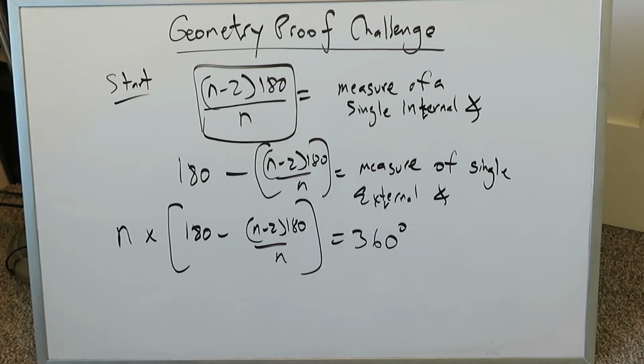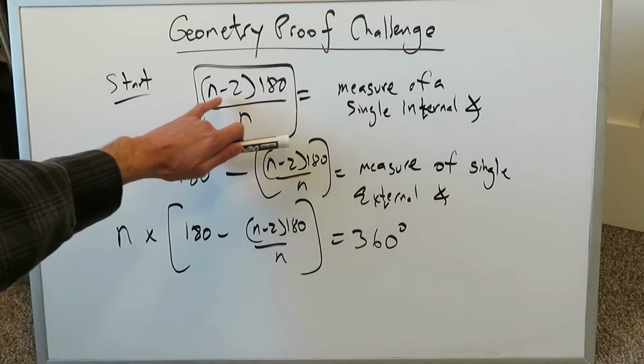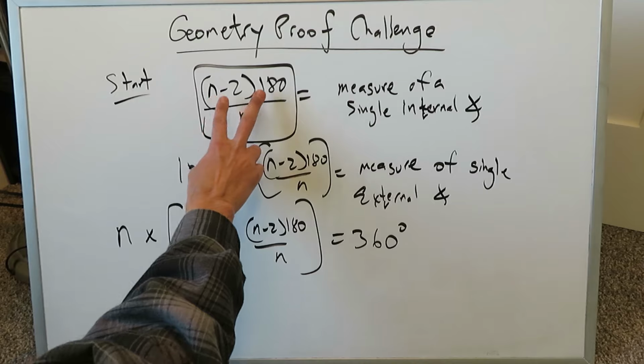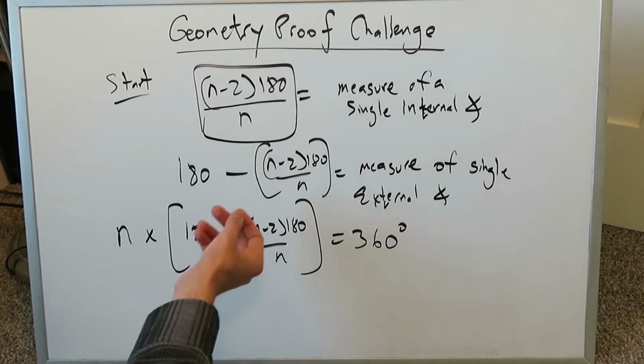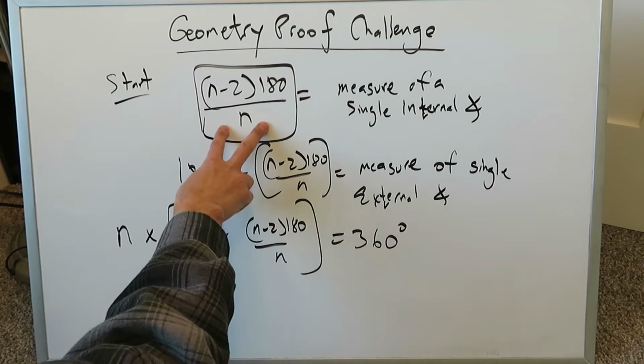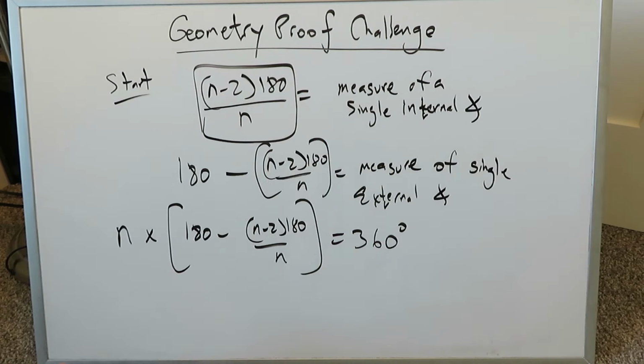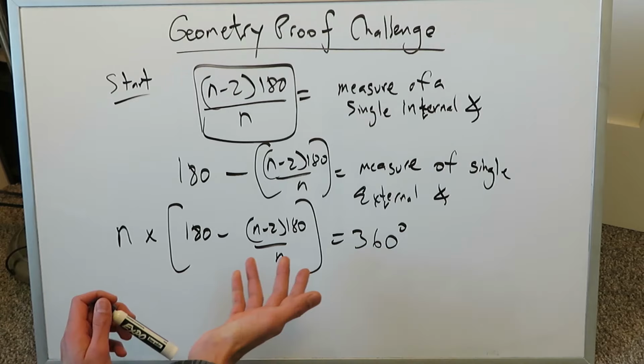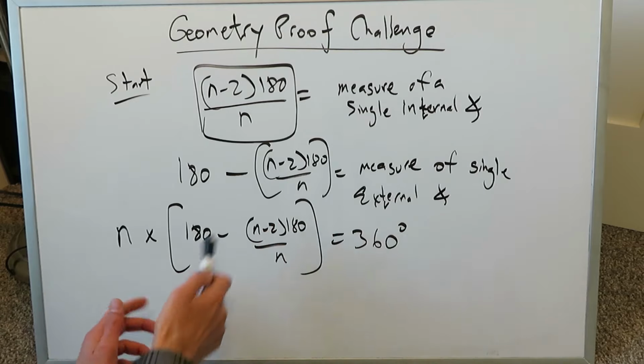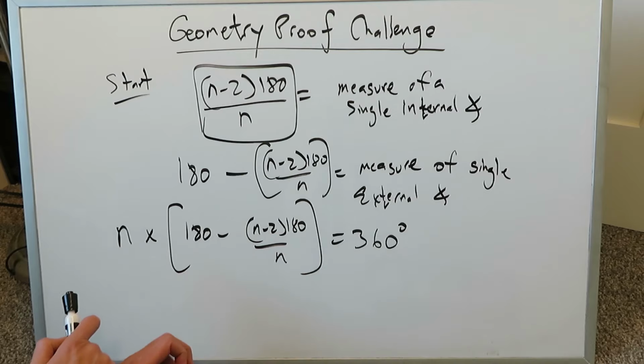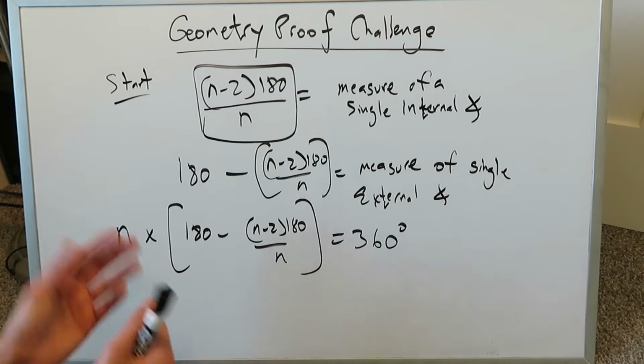Let's verbalize everything. We start with the measure which gives an indication of the sum of the internal angles of that polygon. You divide that by the total number of sides, you end up with a measure of a single internal angle. We know each internal angle, by virtue of the supplementary angle property, is combined with an external angle, because that internal angle and the external angle form a straight line.